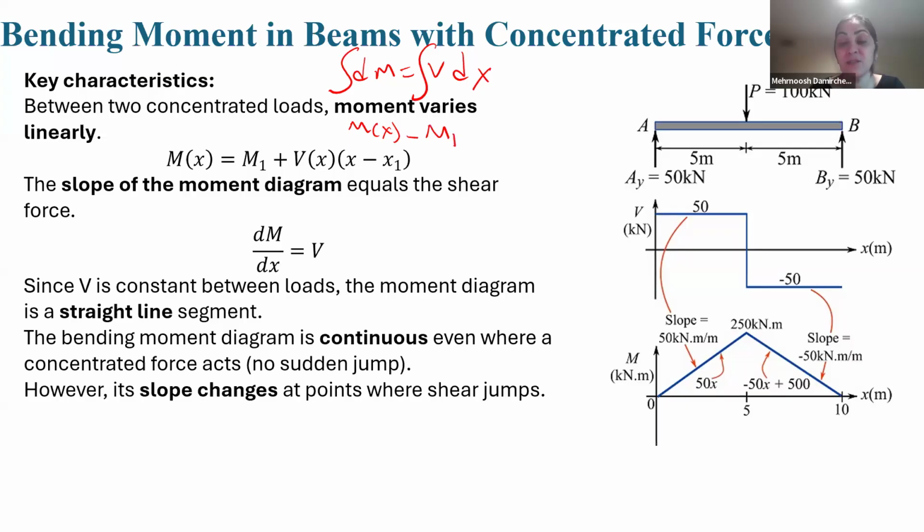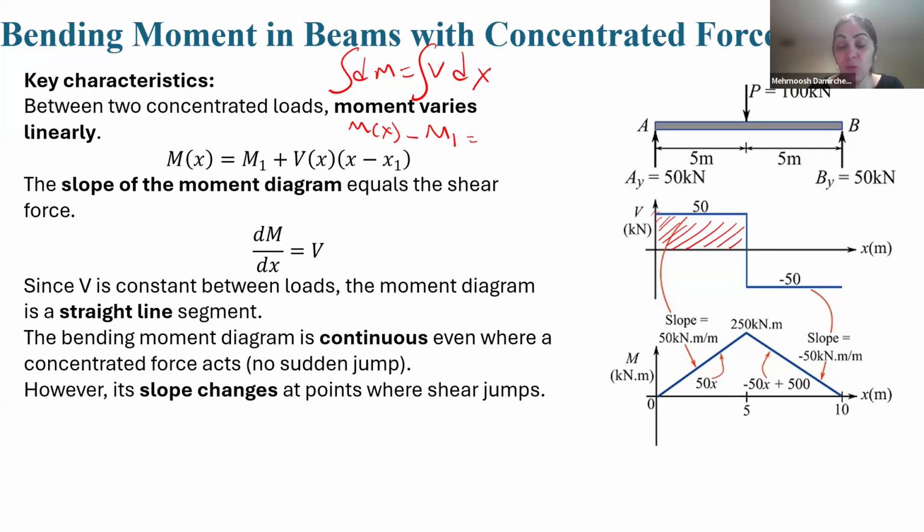I consider the starting value as M1, equals this integral, V times (x minus x1), for example. dM/dx equals V. What's the meaning of that? It means the change in M equals the area of the V. What is the area? Here, the area is a rectangle.